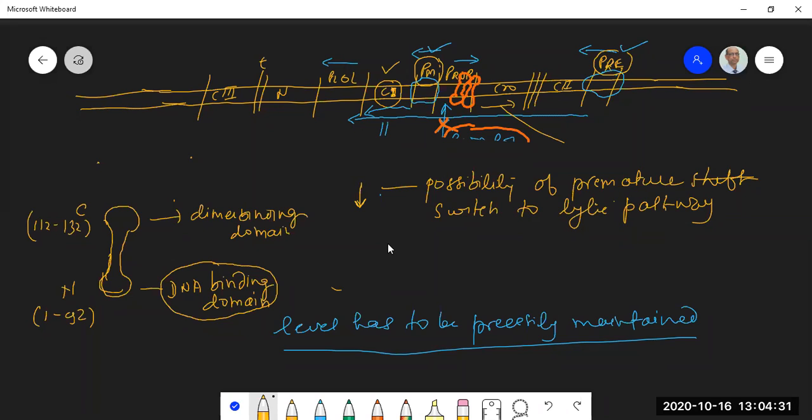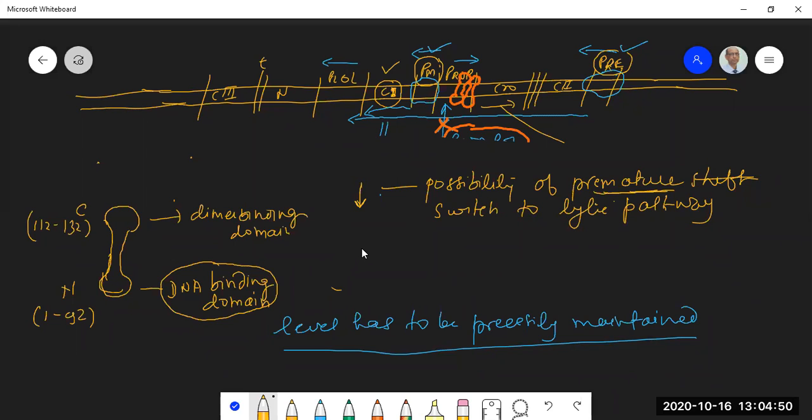So if the level of repressor protein is less than the optimum level, then there is always a possibility that even when the bacteriophage doesn't want to, it can prematurely switch to the lytic pathway because there is not enough repressor protein.